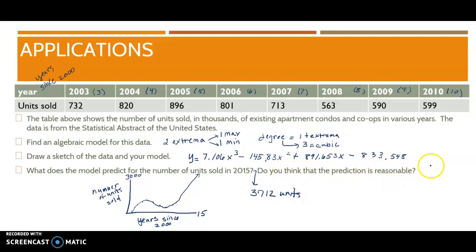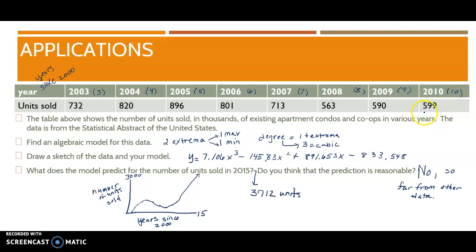Do you think the prediction is reasonable? No, I don't at all. It is so far from the other data. If I look at where the levels were in 2010, they were like at 600.